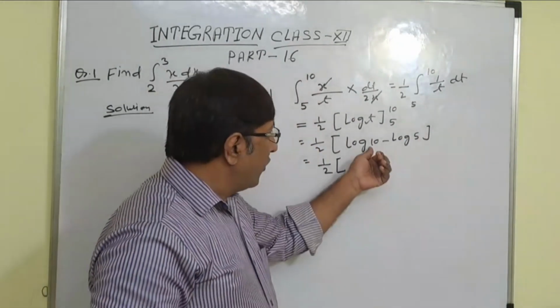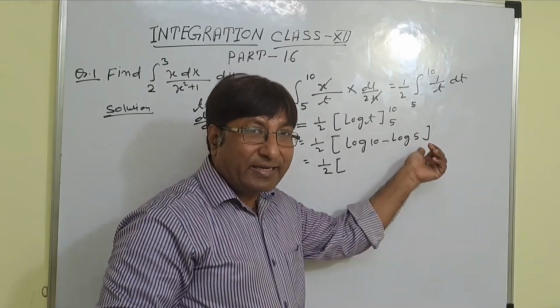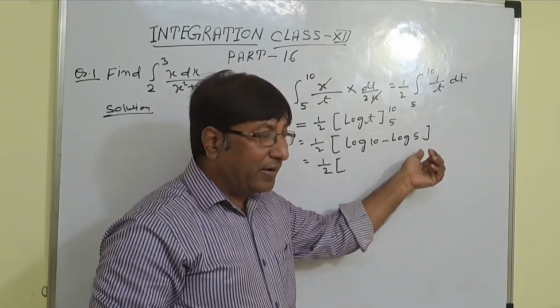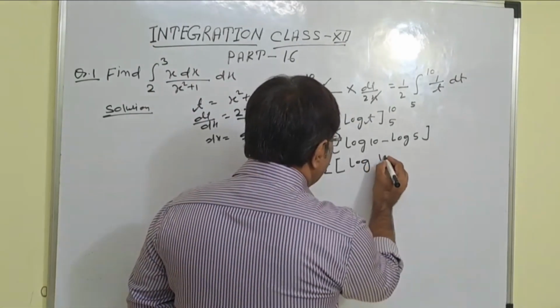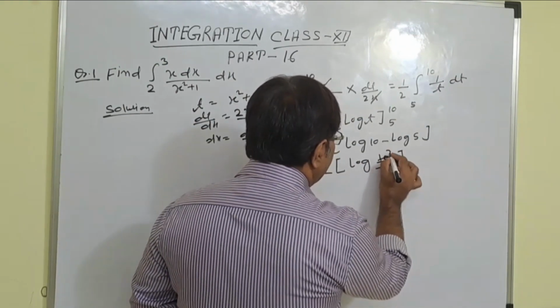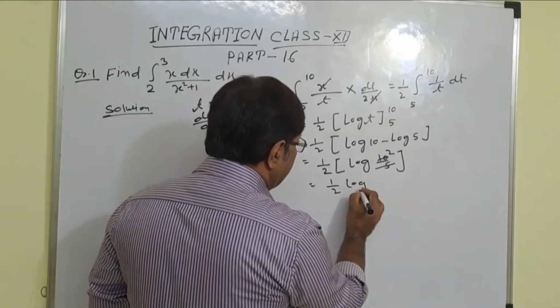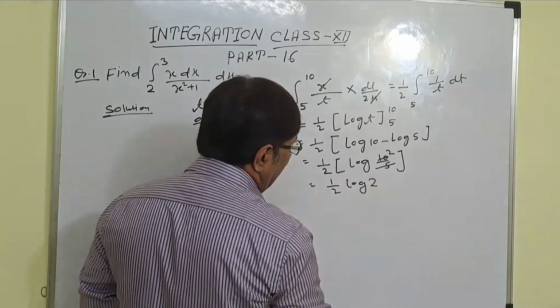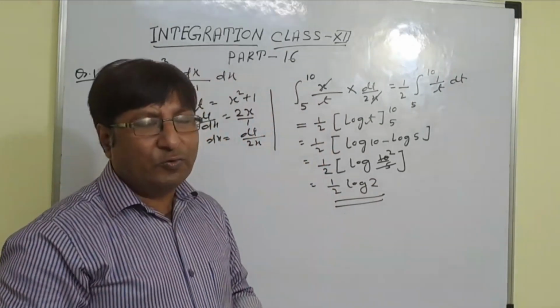So you know log x minus log y is log of x upon y, x divided by y. So here we can write easily log of 10 divided by 5. 10 divided by 5 is 2, so we will get half log 2. So this is our correct answer. Half log 2 is the right answer.